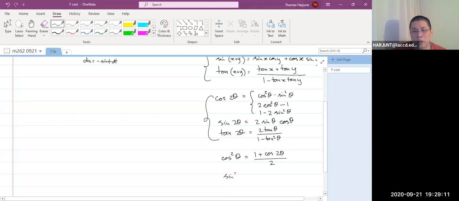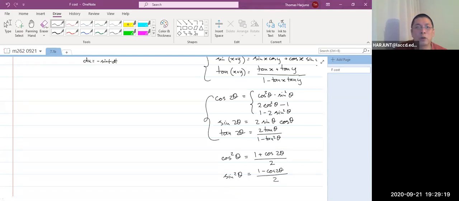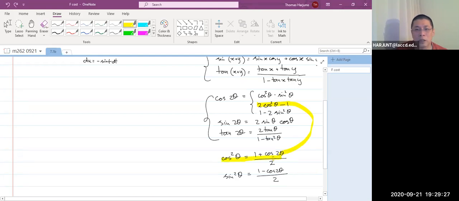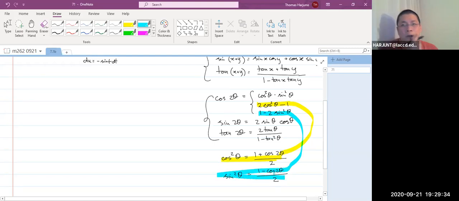Sine squared theta equals 1 minus cosine 2 theta over 2. I actually modified that from here and from here. So this gives you this, and then this gives you this. So there's actually no new formula there.